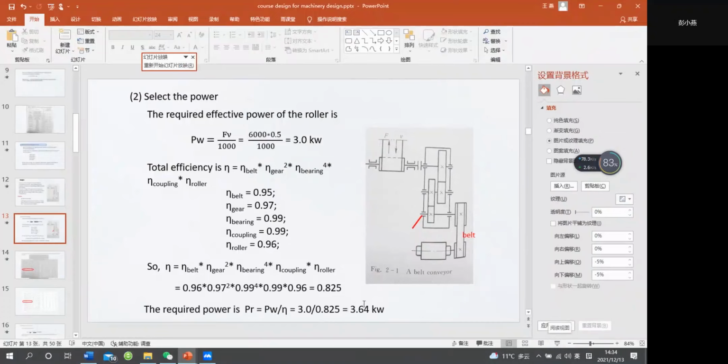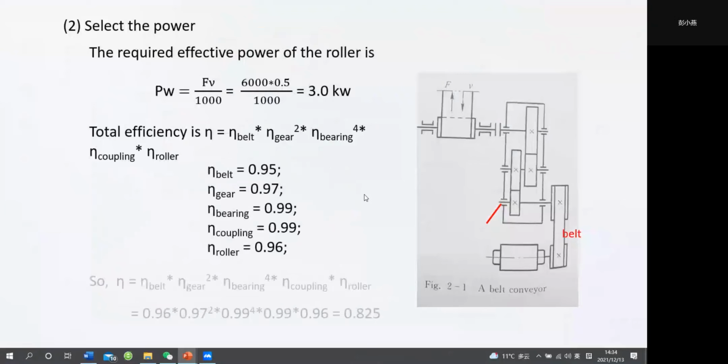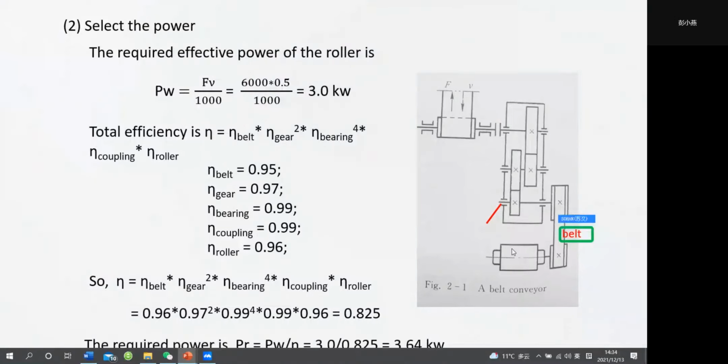Okay, and then we calculate the total efficiency first, and then to calculate the required power of the motor. And then we choose. PW, how did you get it?